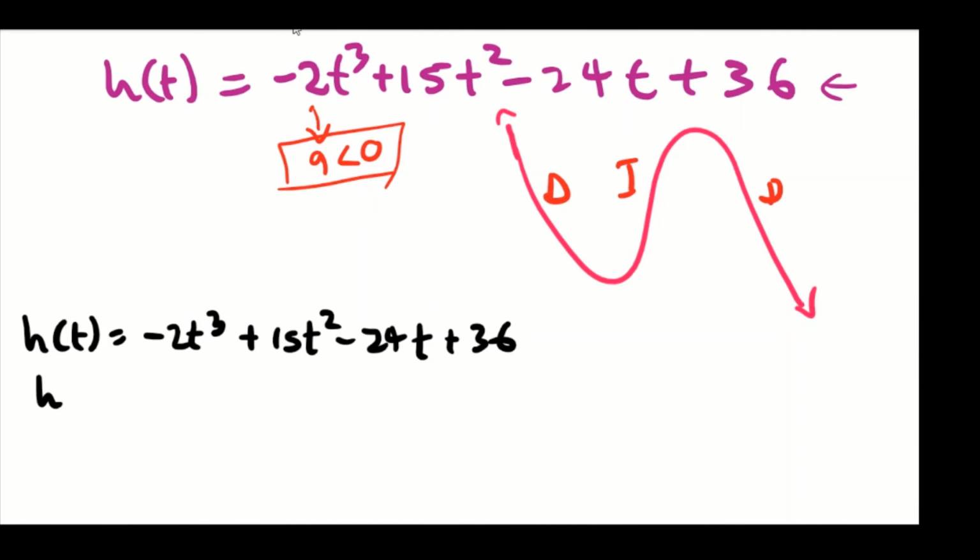The derivative is minus 6t squared plus 30t minus 24.